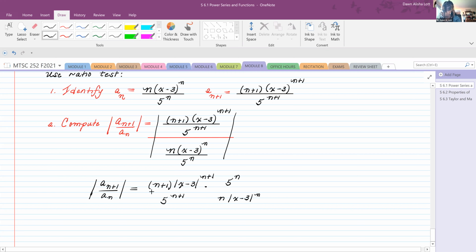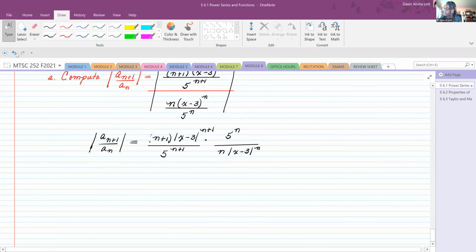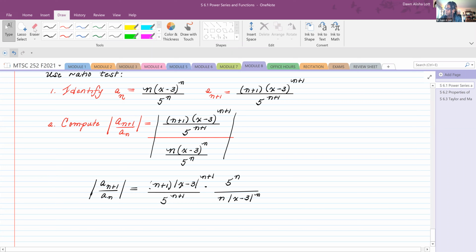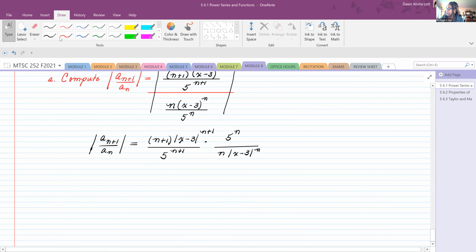So I get these two values, that times that. Okay.